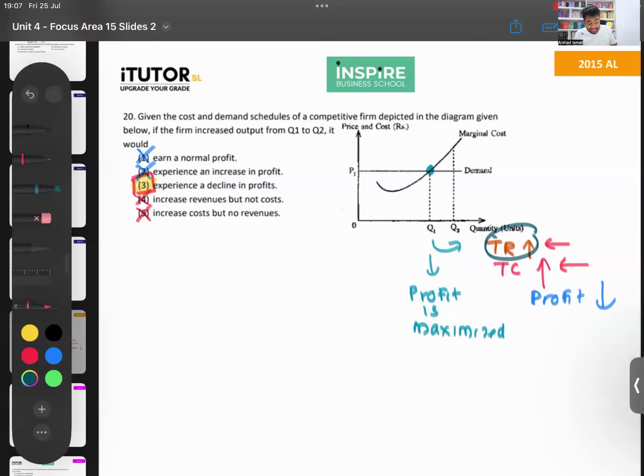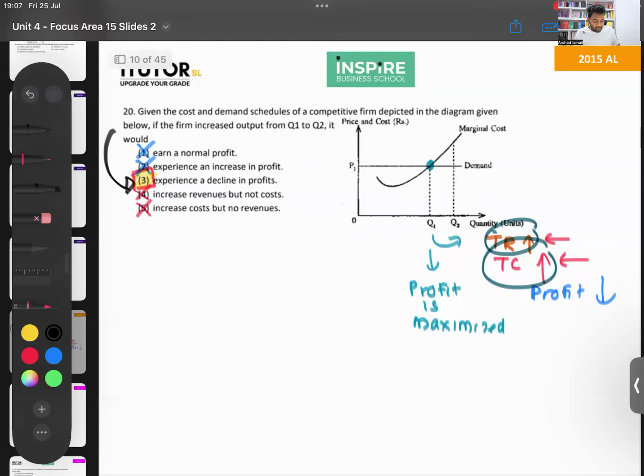That means your cost is increasing at a much greater pace. So revenue is rising, but cost increases at a much greater pace. As a result, your profits will start to come down. At Q1, you're at the profit maximizing level of output. Now, your profits start coming down. That's what happens. So 20 is answer number 3.